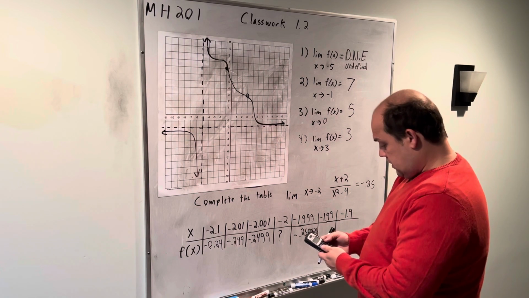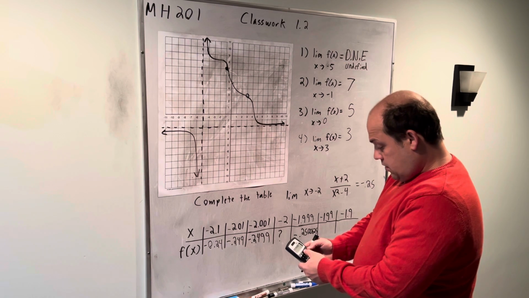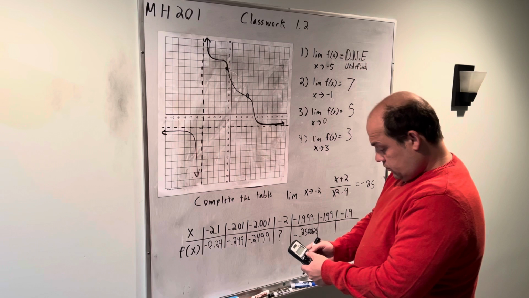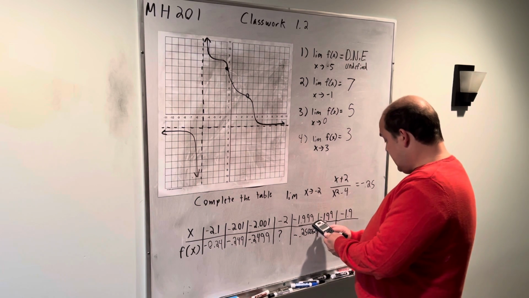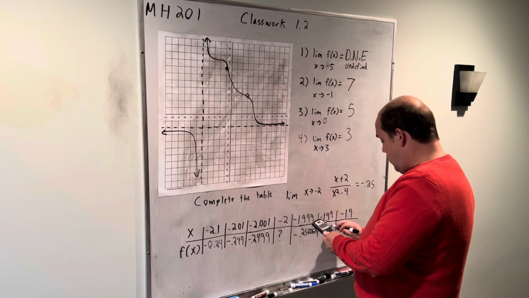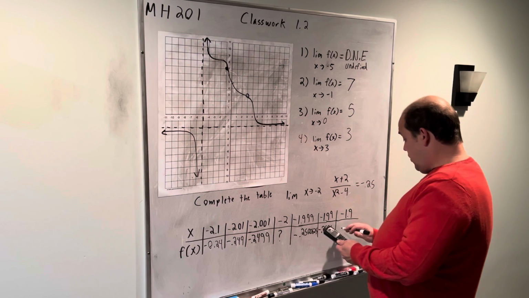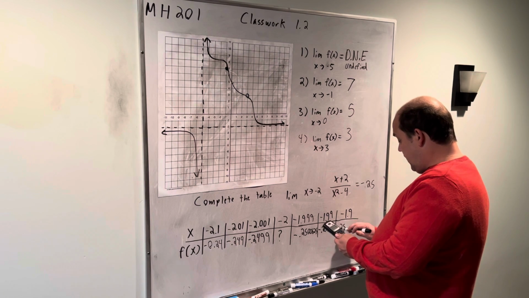If I get rid of one of those 9s and now just make it negative 1.99, it gives me negative 0.2506. If I were to do it again, it would give me negative 0.2565.